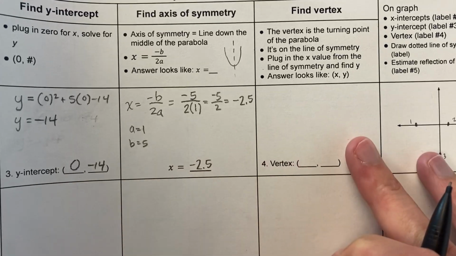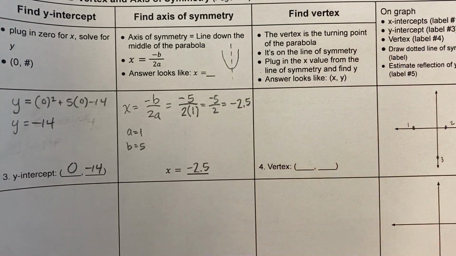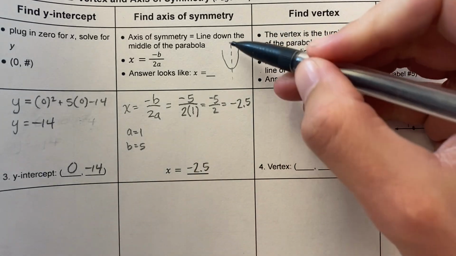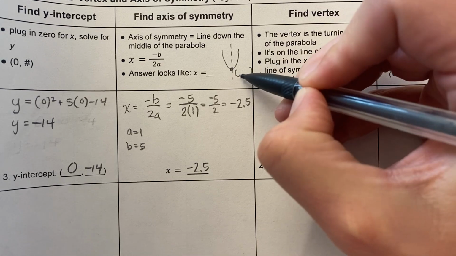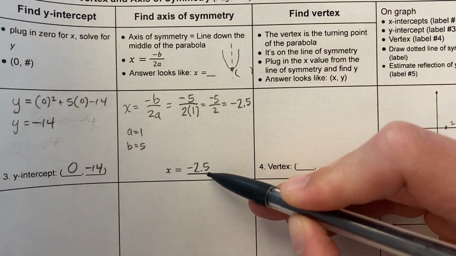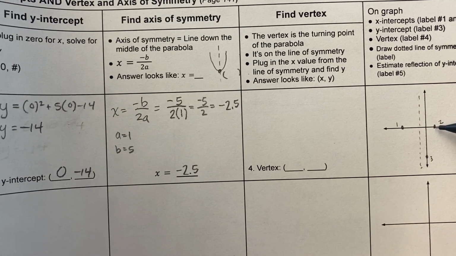Now, here's what I want you to understand. The vertex, I don't want you memorizing this process because it's too much. Think about where the vertex is going to be. It's always right here, okay? And the vertex is a point. Now, the x value of that point, look, this axis of symmetry is right here, at -2.5. Remember, this was 2, this was -7.